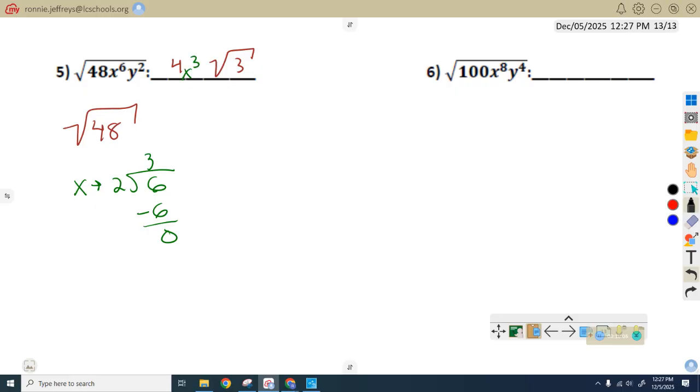It all comes on the outside of the house. And then with y, same thing. How many times will 2 go into 2? 1 with the remainder. So y to the first.